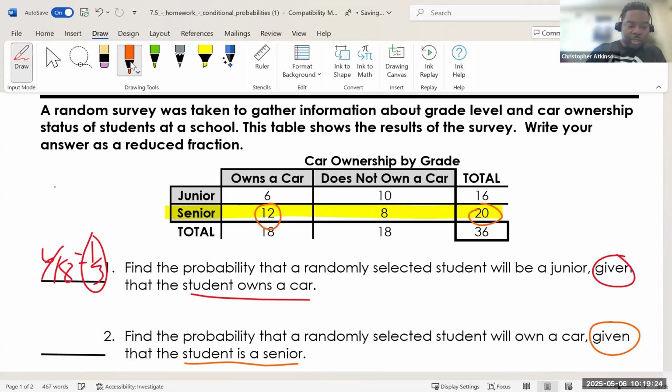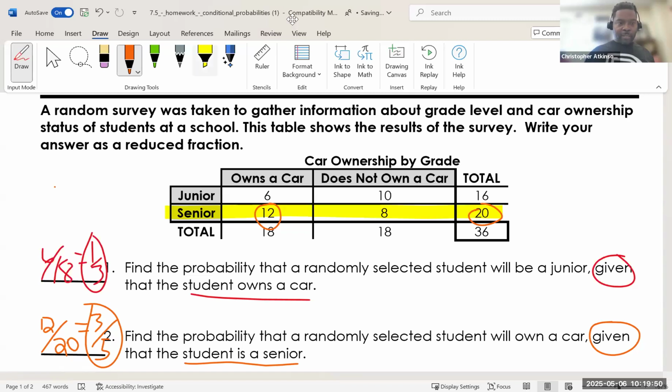So this is now going to become 12 out of 20, which reduces to 3/5. Okay, so in this case, to do conditional probability, you want to focus on the second probability first and then look at the first one and utilize that to match where they meet.